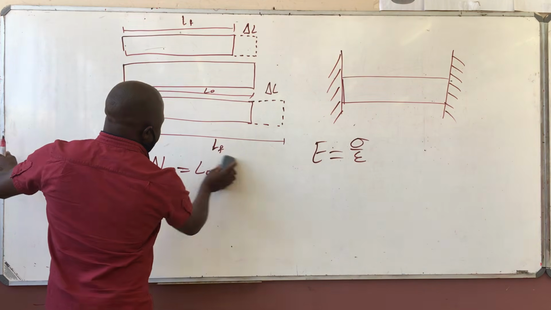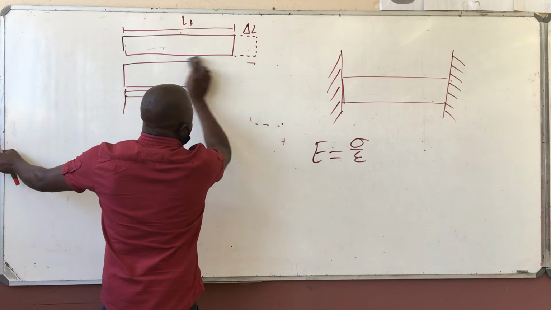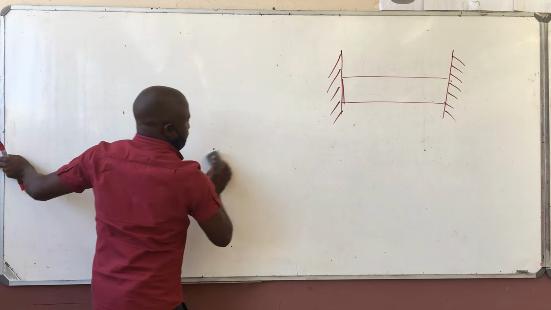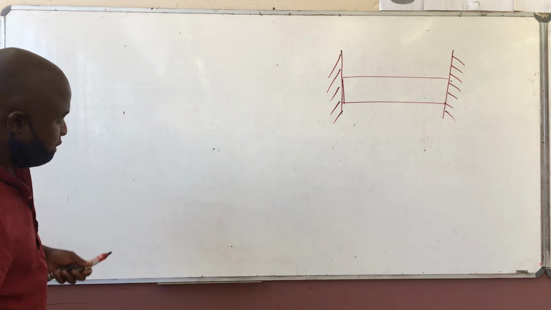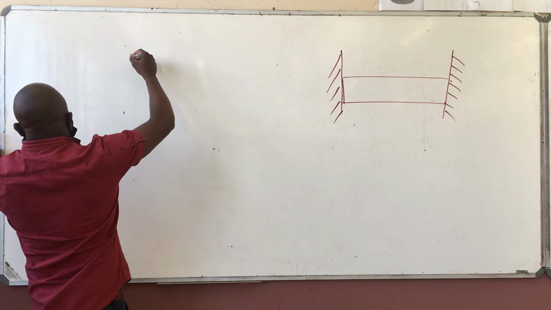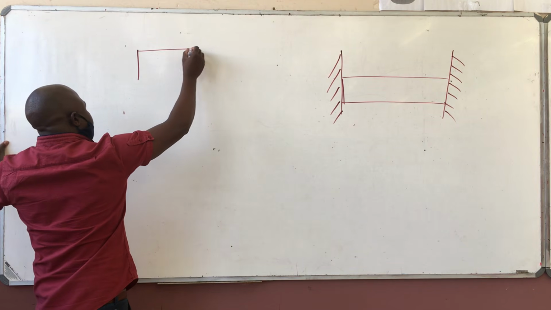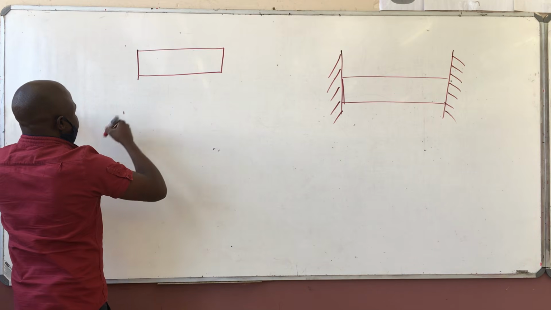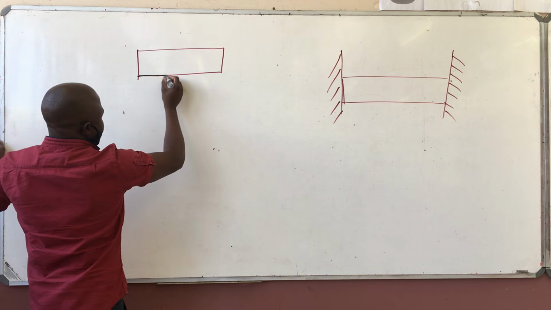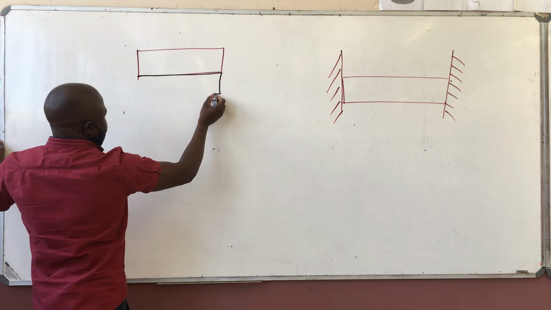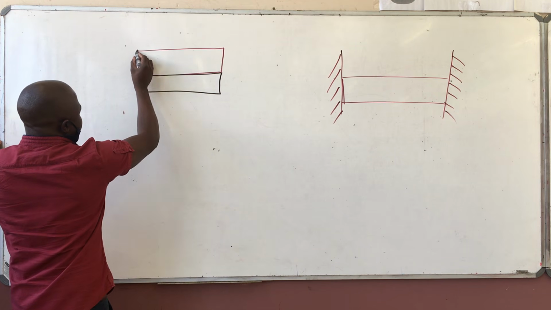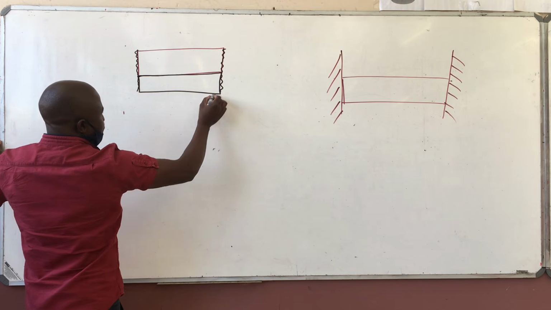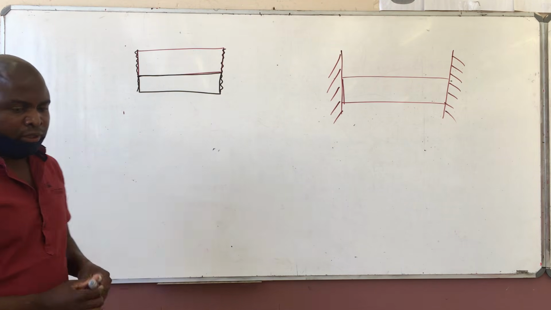Let's take, for instance, now we have two of them. We have the first one and the second one. These two are fixed together. Whenever they move, they will move together.